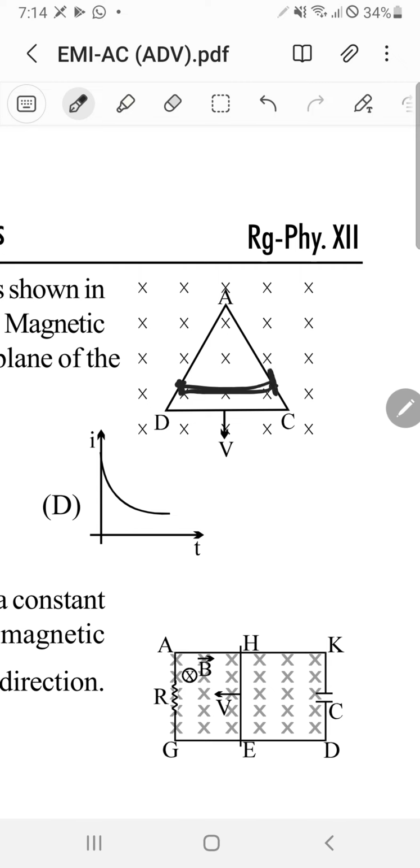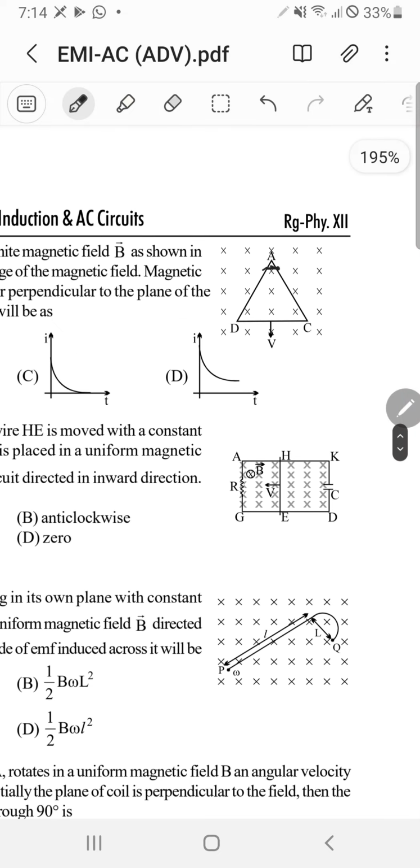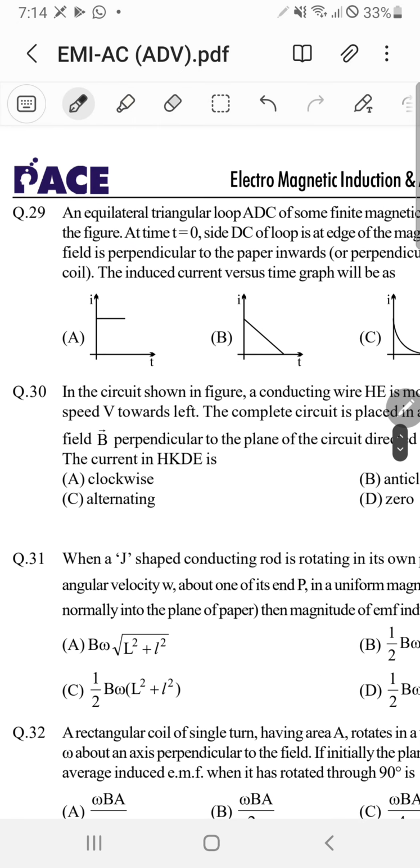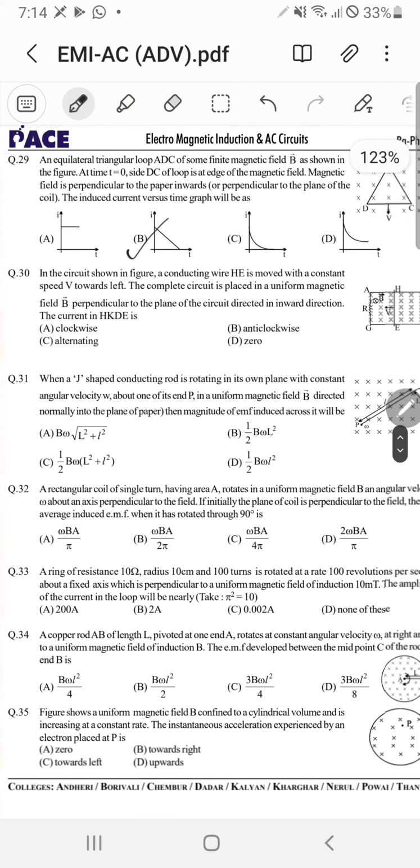Change in time is the same for each strip of same thickness, so it's proportional to this length. And what is that length proportional to? The amount of thing that's inside. So at first it's very big and then it starts to decrease and then goes to 0. Right, cool. So it should be this thing. It varies linearly, of course.